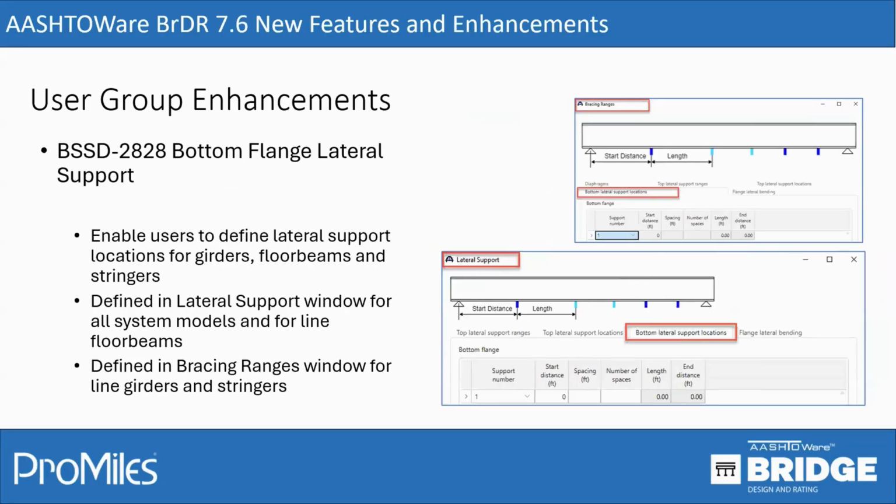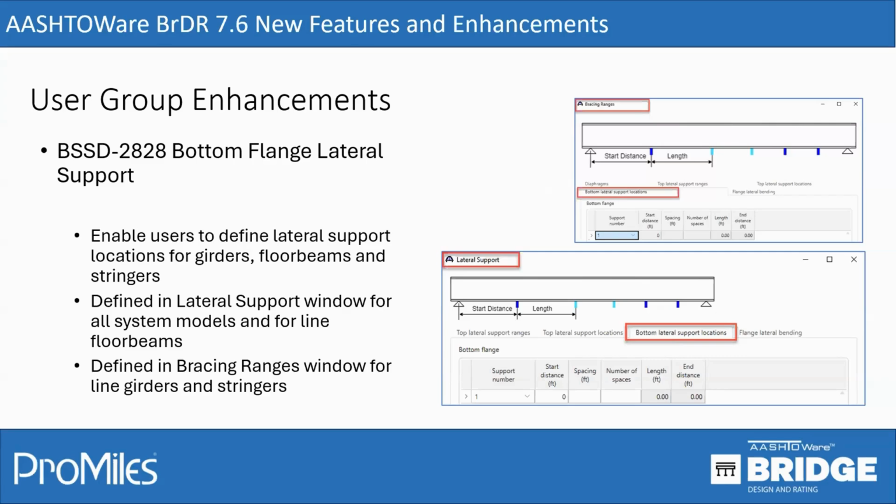All right, so this next one is bottom flange lateral supports. This one was user requested and voted highly in a previous user group meeting. This allows you to define specific bottom flange lateral support locations, which is really important for certain structure configurations where you have framing plans with different things.